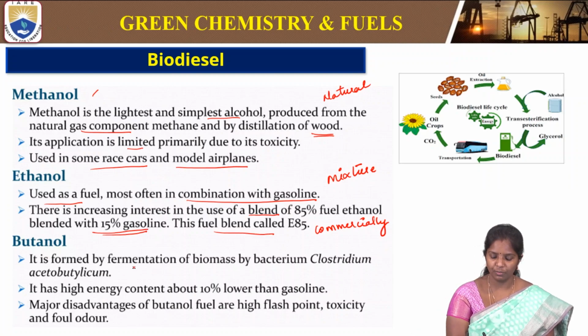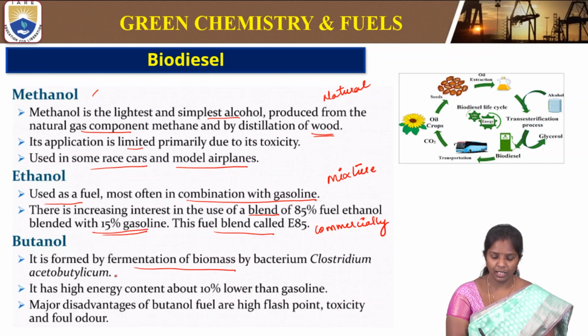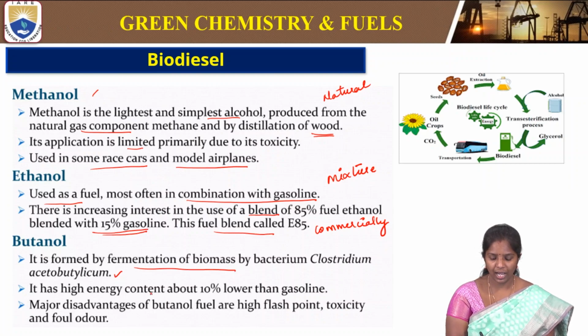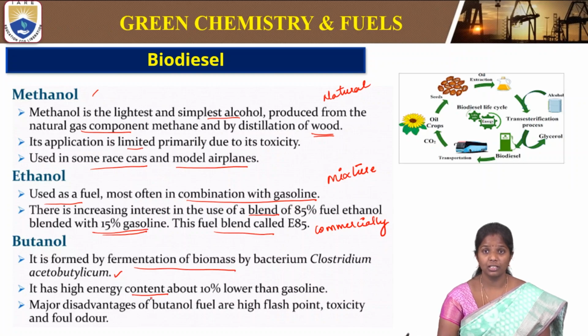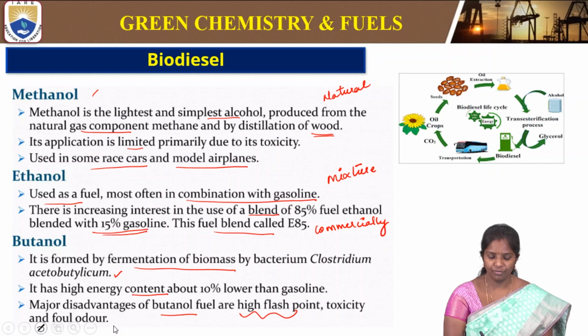Then butanol is formed by fermentation of biomass by the bacterium Clostridium acetobutylicum. This is the bacterium that acts during fermentation. It helps the conversion of biomass into biofuel like butanol. It has a high energy content, only about 10% lower than gasoline. The major disadvantages of butanol fuel are a high flash point, which means the ignition will be slower, and toxicity and a strong odor.